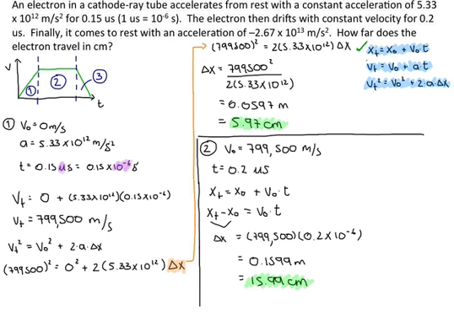Now, what we're going to do is do it for the third part of the journey. Third part of the journey is a part in which the electron is decelerating. So we know for sure that the final velocity at the end of this journey, well, since the electron will come to rest, should be 0 meters per second.